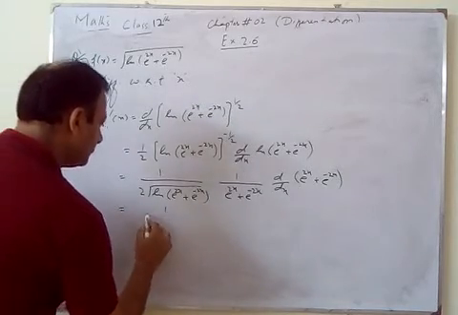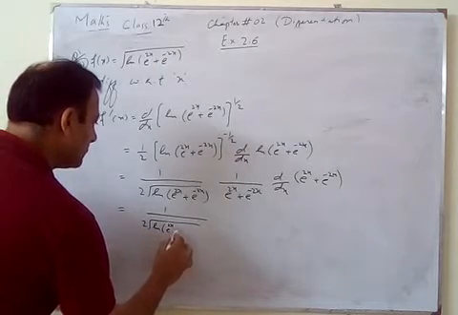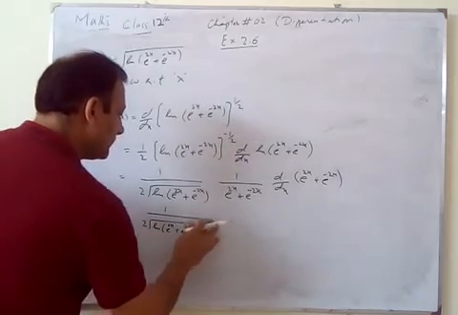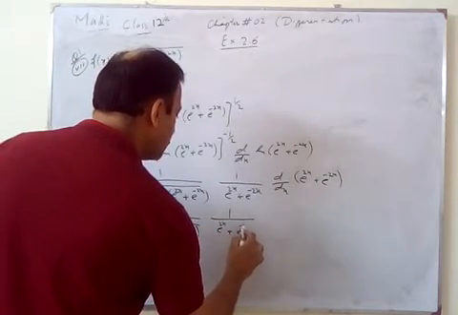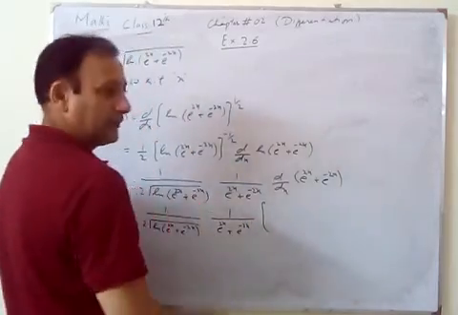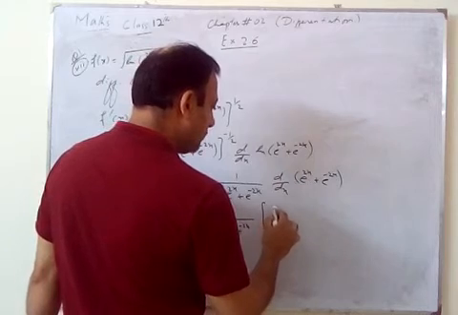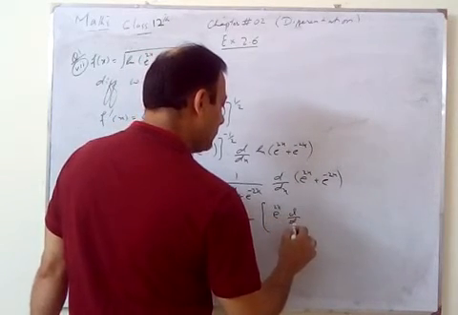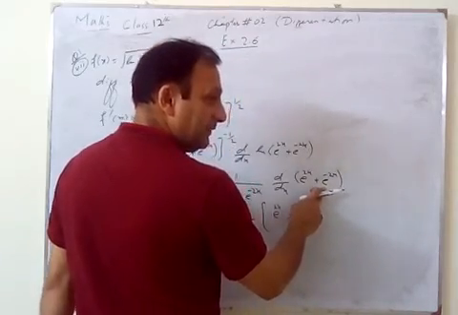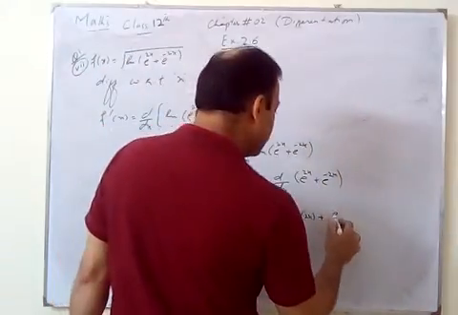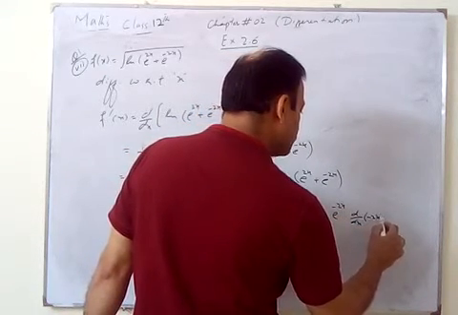So we have 1 by 2 into log(e^2x + e^-2x) into 1 divided by (e^2x + e^-2x) into, there are two functions, so the derivative of this: e^2x into the derivative of 2x, plus the derivative of the exponential function, which is as it is, into the derivative of minus 2x.